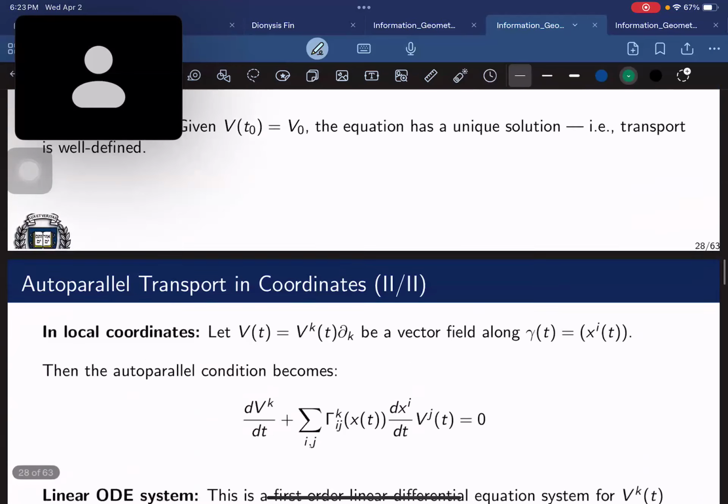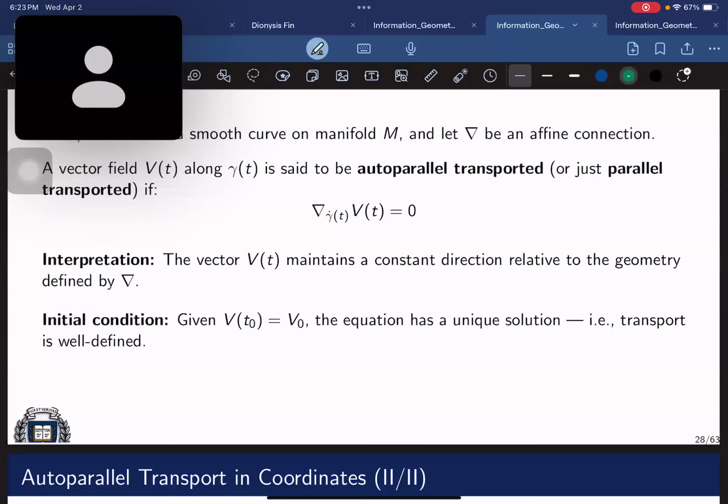Now we go to the second one, which was the question here. At each point, V is given by V^i. This is the definition of a vector field at each point, and then we have the respective vector field. I will answer your question in a second.